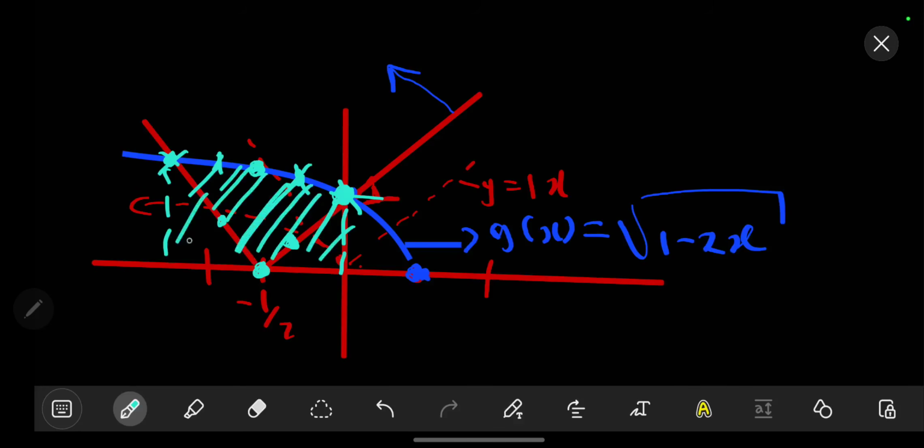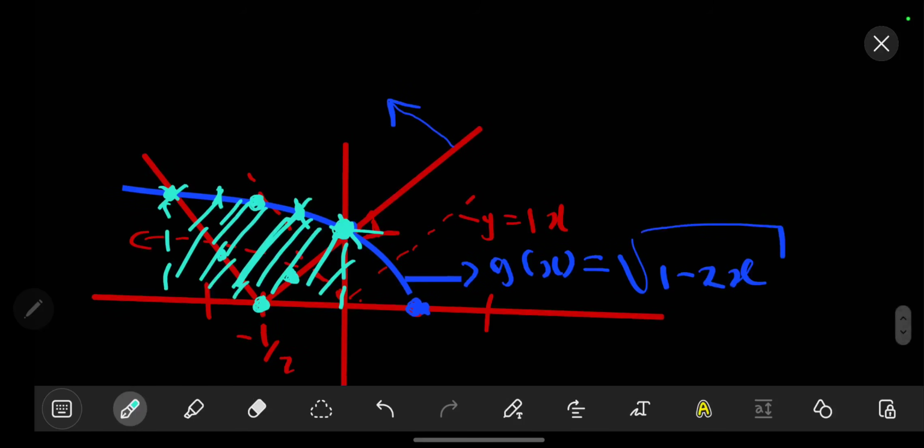If it was drawn to scale, we would be able to identify it. But we have a 0, so we just want an interval from here to here, so we need to find this value.